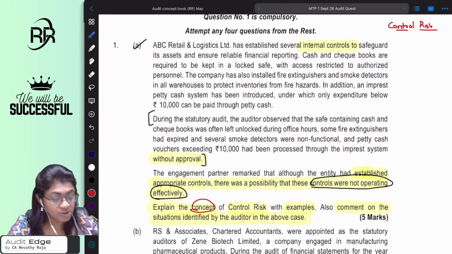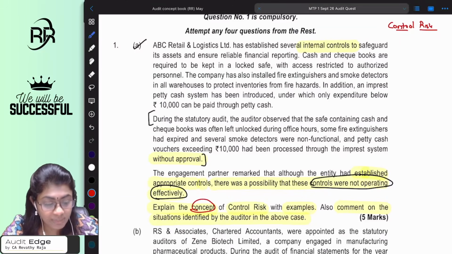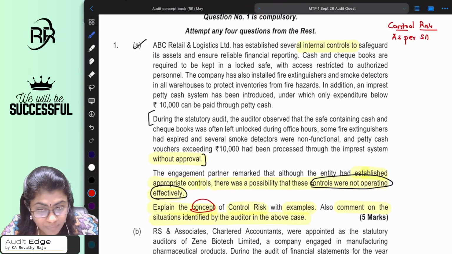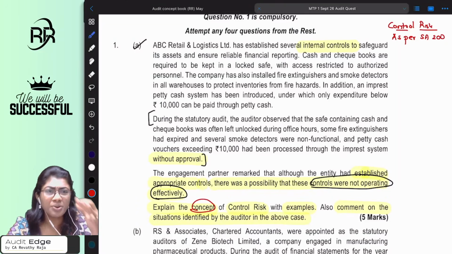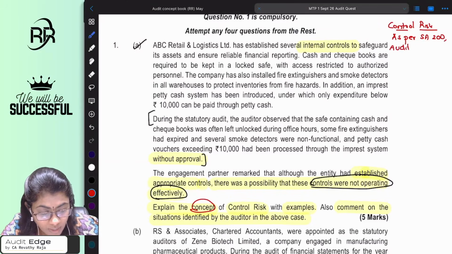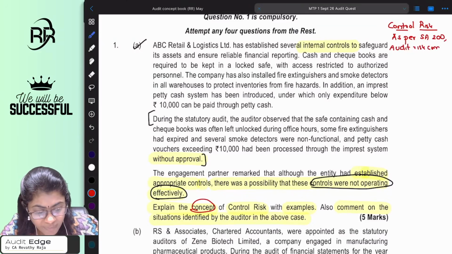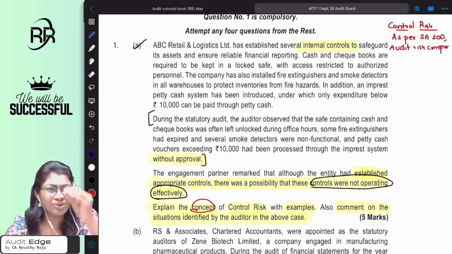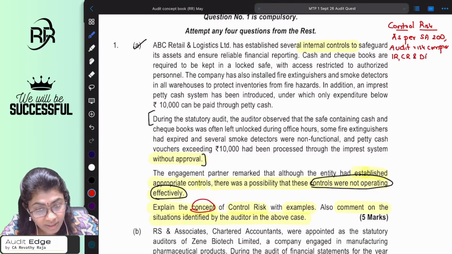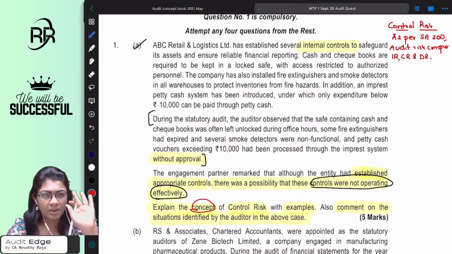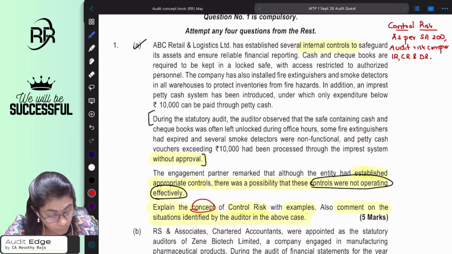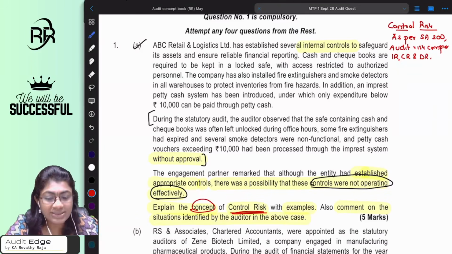Think about the presentation format like you're writing for the examination. So as per SA 200 or in accordance with SA 200, audit risk comprises of, that's just an intro sentence: inherent risk, control risk, and detection risk. No need to elaborate. Now you elaborate only about control risk as asked.